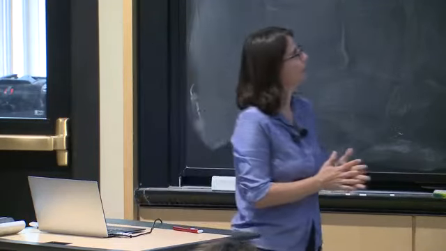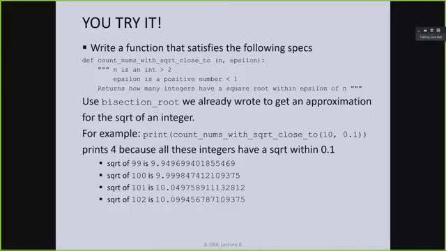So what I would like you to do, and this is going to be a little bit involved code, it'll require some thinking, is to write a function called count the numbers with the square root close to n plus or minus epsilon. And I'll help you out by drawing something on the board, but I would like you to do the code for it.